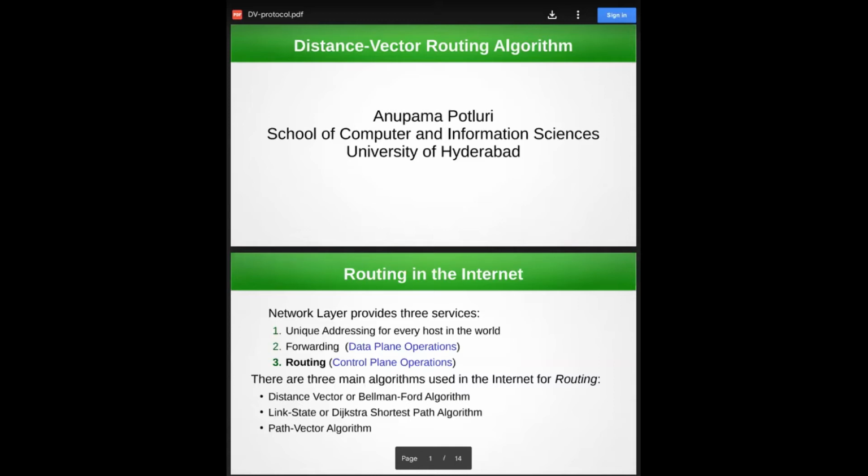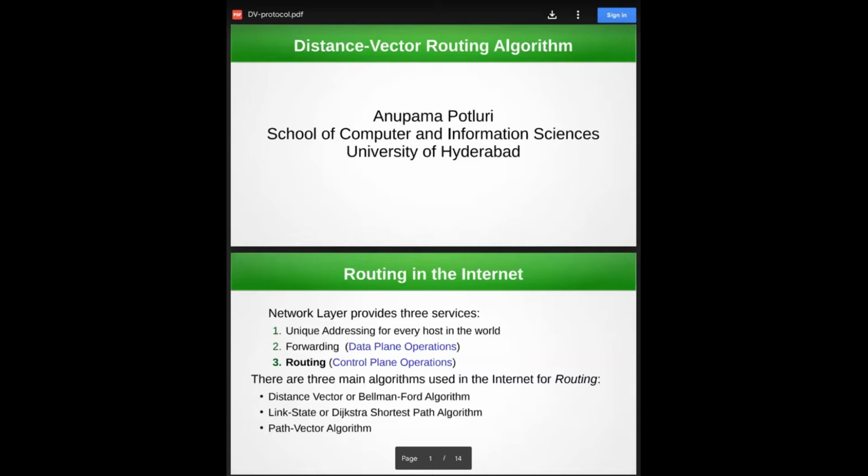And every internet service provider is basically a single administrative zone. Such administrative zones are called autonomous systems in networking terminology. So you have protocols which work within a single autonomous system.